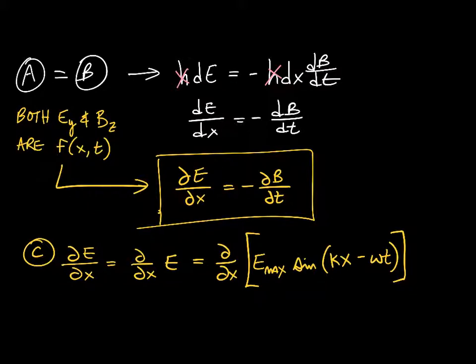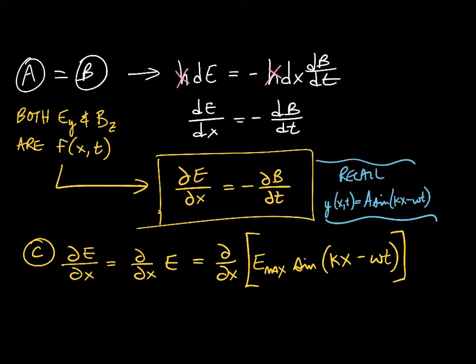Recall that y of x and t is amplitude sine kx minus omega t. You're supposed to remember all that from your pre-calc days, right?